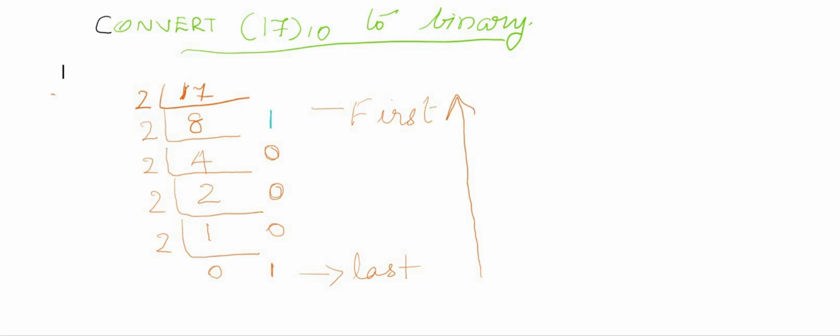First write this 1, second this 0, then this 0, then this 0, and last the first remainder.